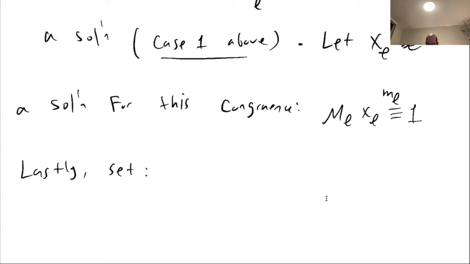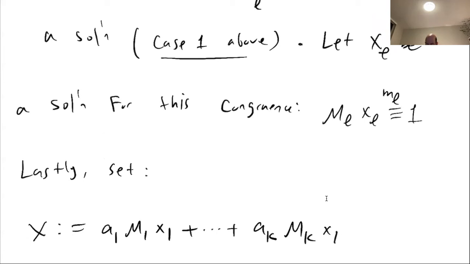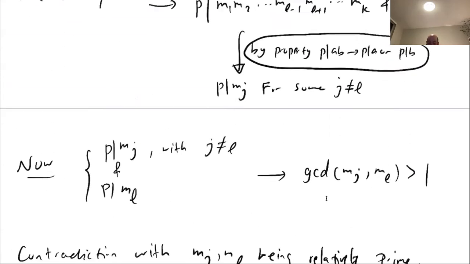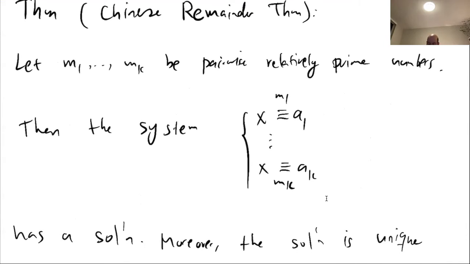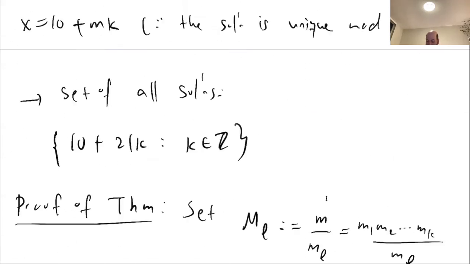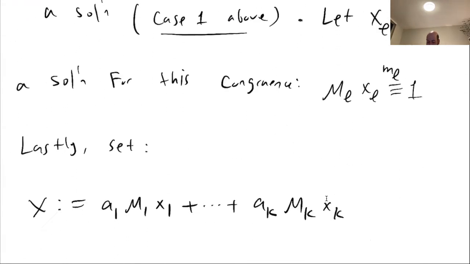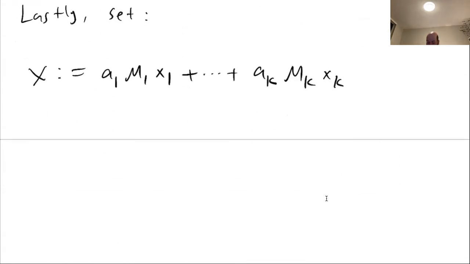set X equals A1 M1 X1 plus all the way to AK MK XK. Remember, what is my goal? My goal is to find the solution X for this system. I'm claiming that the solution X we are looking for is exactly this X defined here.